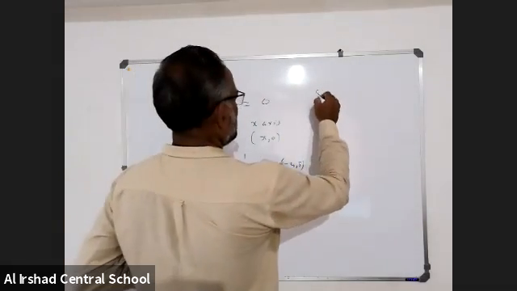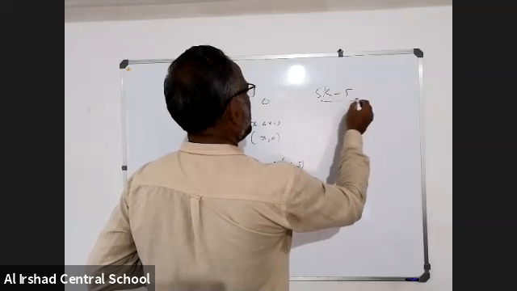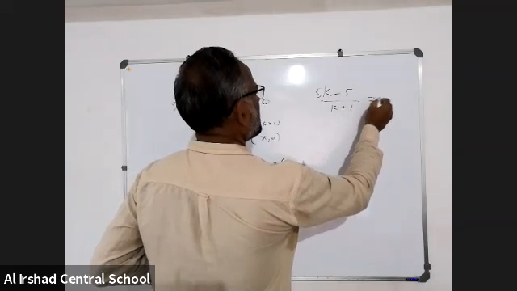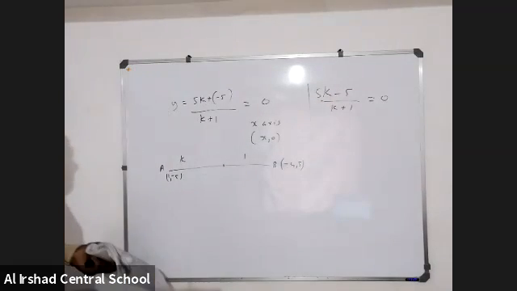That means 5K minus 5 divided by K plus 1 is equal to 0, because y coordinate is 0. K is to 1 we took. How 5K minus 5?